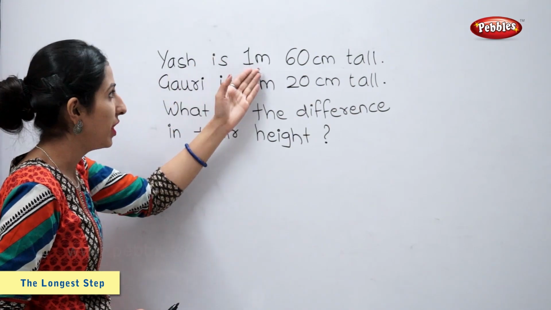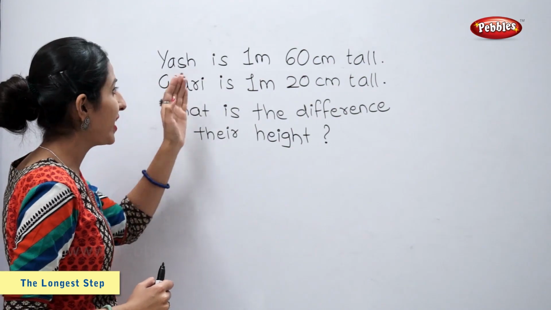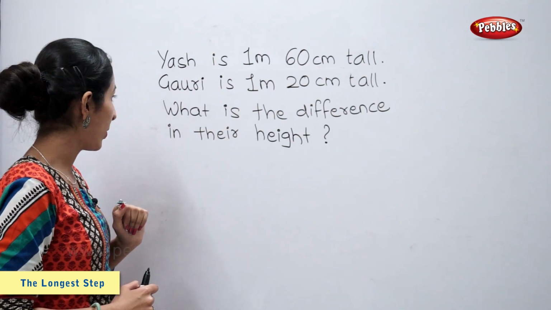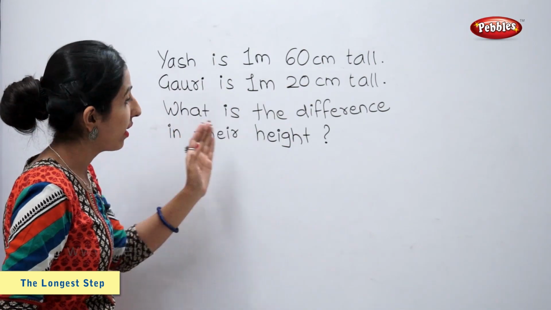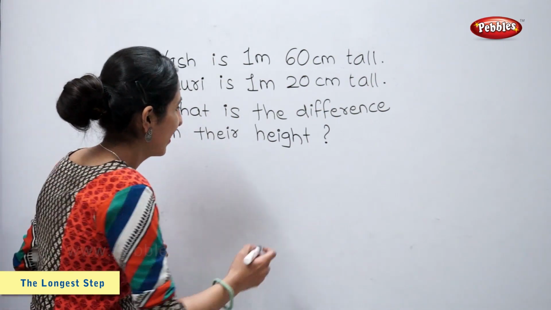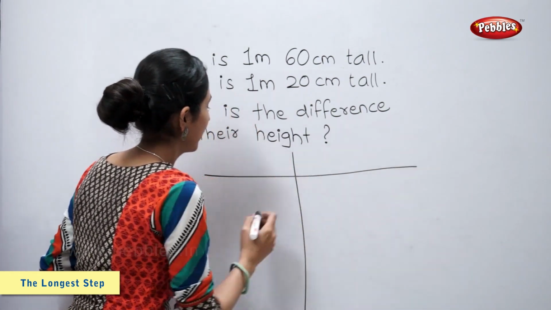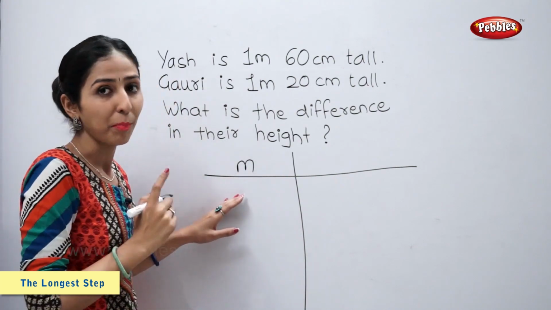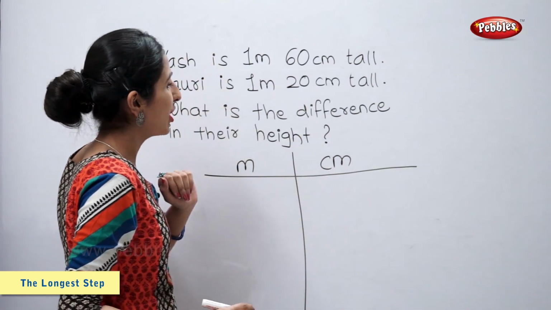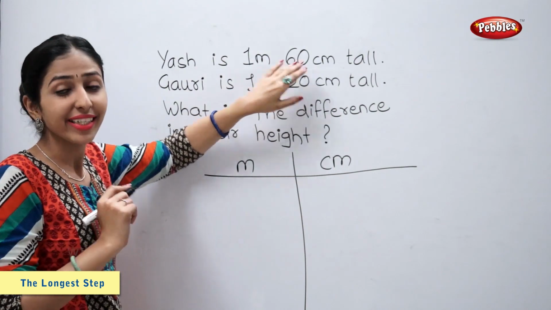Yash is 1 meter 60 centimeters tall. Gauri is 1 meter 20 centimeters tall. So, what is the difference in their height? Students, let's find out. Meter column, centimeter column. Yash is 1 meter 60 centimeters tall.